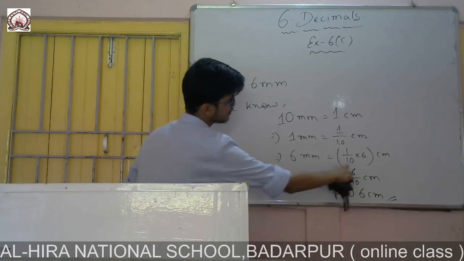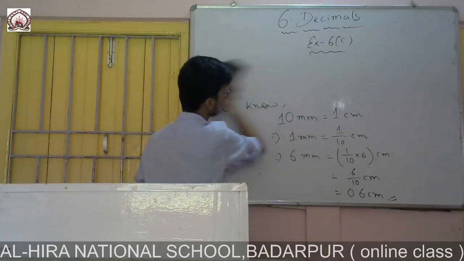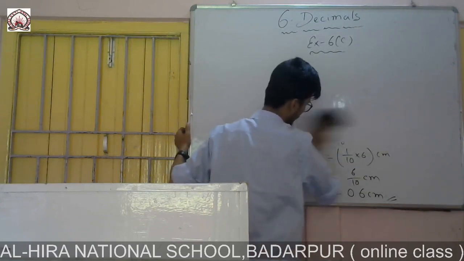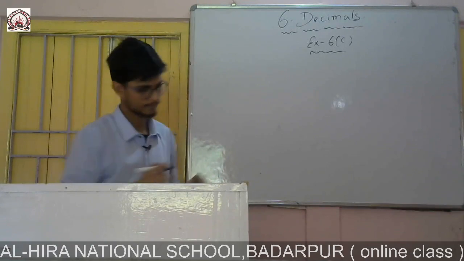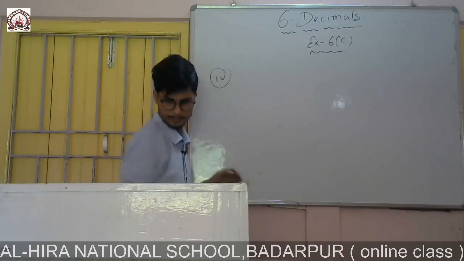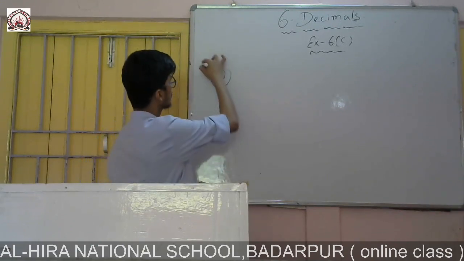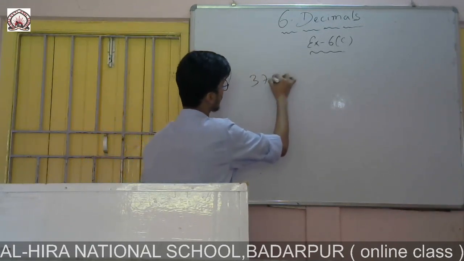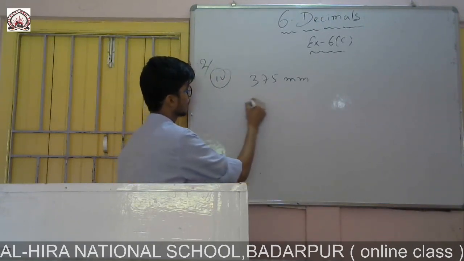Now let me do Roman number 4, 375 millimeter. In this case we have to simply divide the number by 10, so directly we can do it.